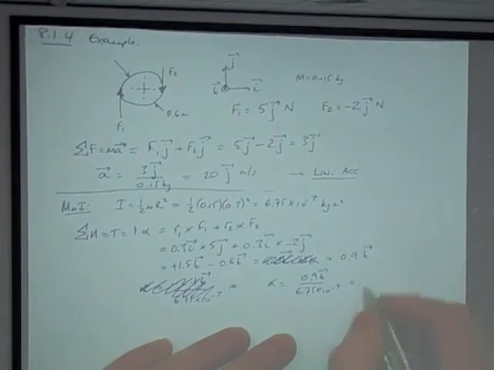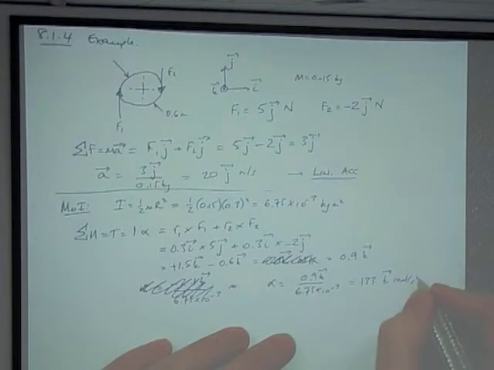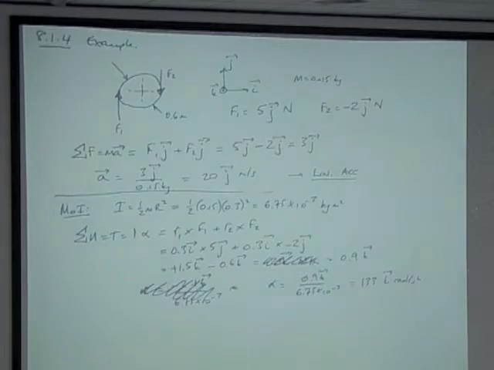So we get 133 K radians per second squared. Okay? Yeah, so we have a clockwise rotation. K is into the board. No, sorry. Okay, it's fine. We'll leave it as it is.